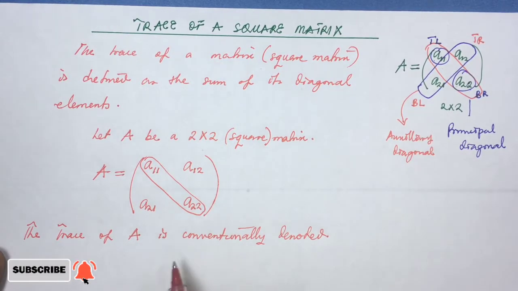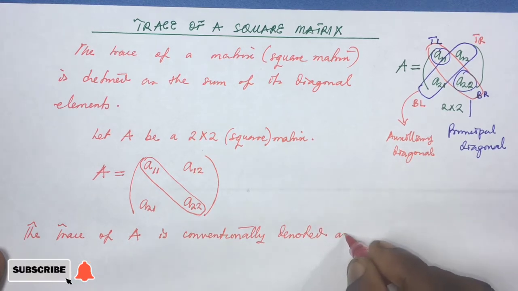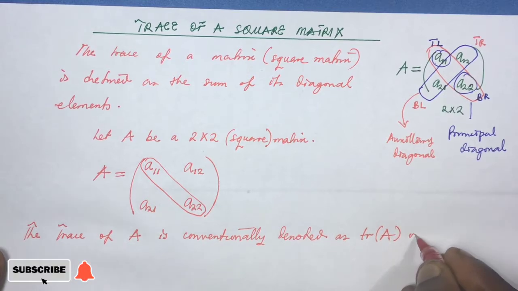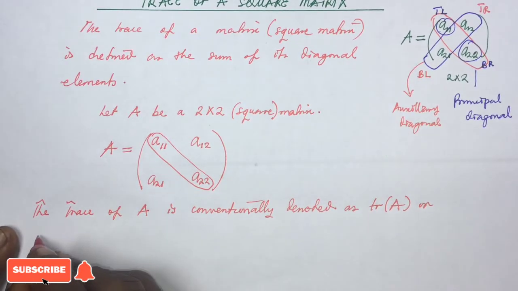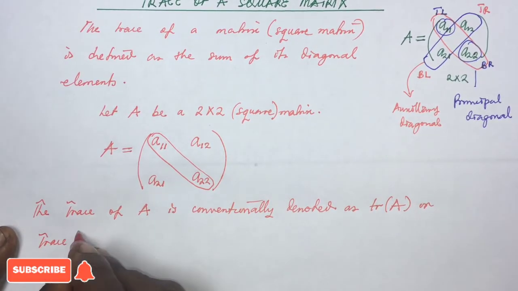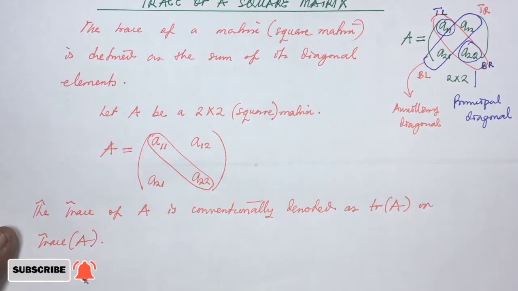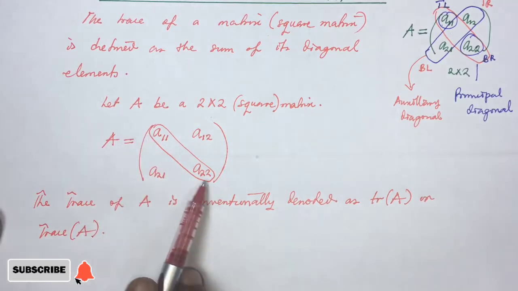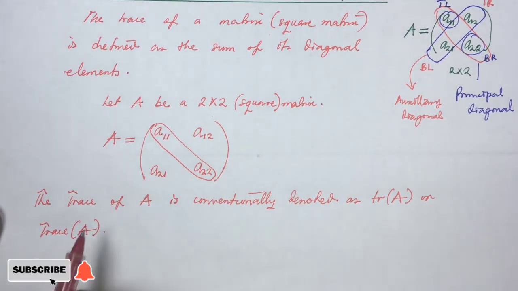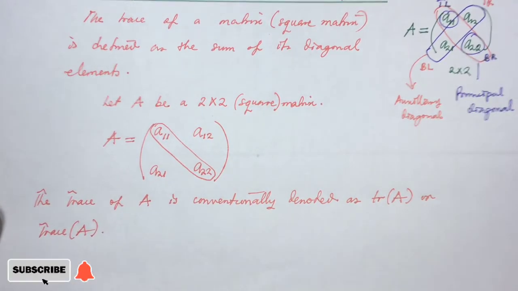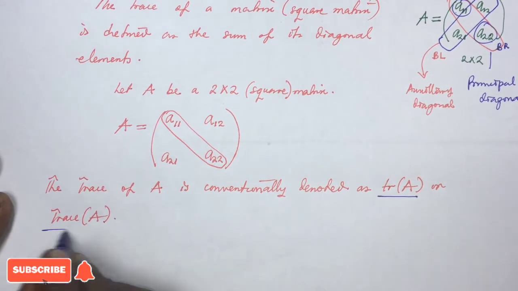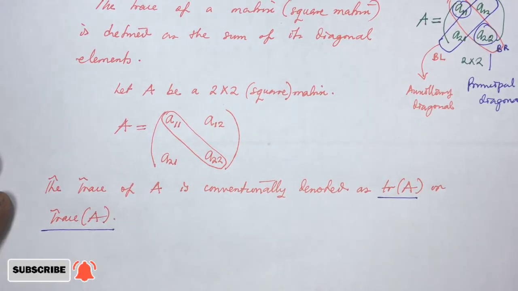So the trace of A, this matrix, is conventionally denoted as TR(A), or you may write in full trace of A. So if you want to tell us that you want the trace of A, this square matrix, then you can write it either as TR in bracket A, or trace in bracket A.